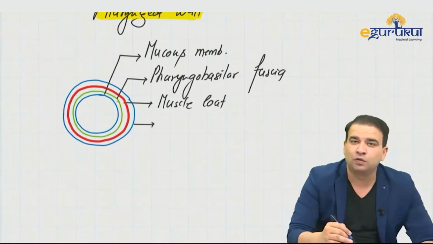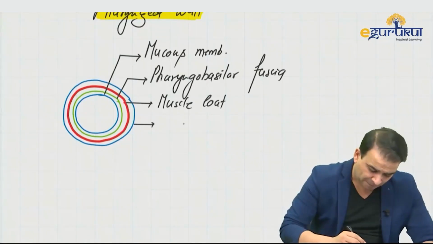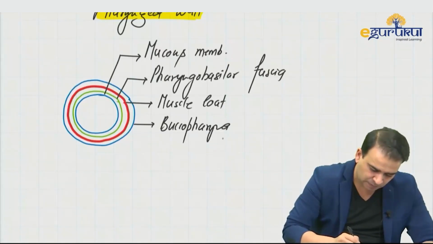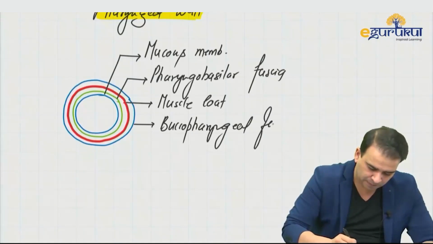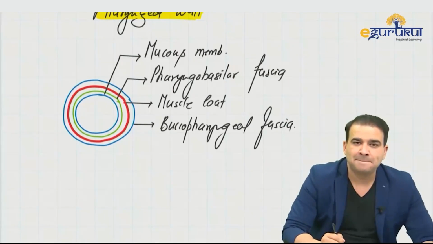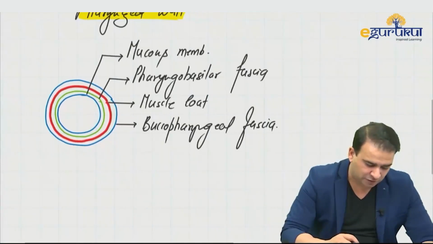Then we got the muscle coat. We have a circular muscle and longitudinal muscle. So the muscle coat is there. And then we have this fascia which is outside, that is buccopharyngeal fascia. So mucous membrane, pharyngobasilar fascia, muscle coat, and buccopharyngeal fascia.